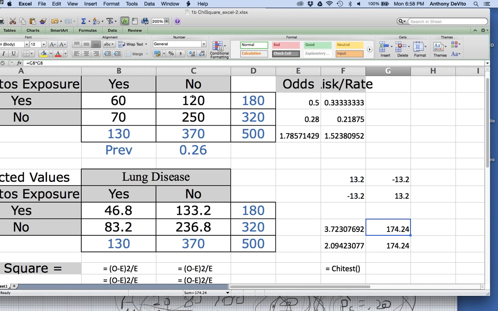Next cell, divided by 133.2. And finally, the last cell, divide by the expected value, which was 236.8. I think I got them all right. Now I'm going to add all these together.